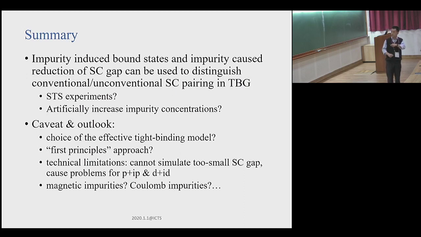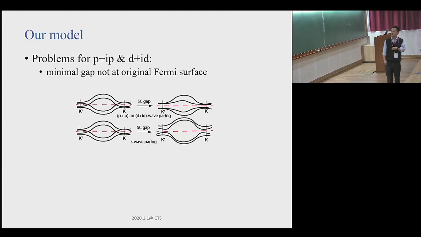So finally, since I have time, let me mention there's some technical problem. We finally realized why, although we think of a very small gap, for the P plus iP and the D plus iD, the gap function vanishes at K and K prime, the superlattice Dirac point.